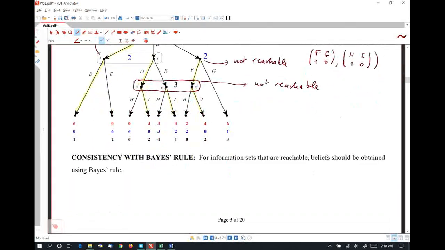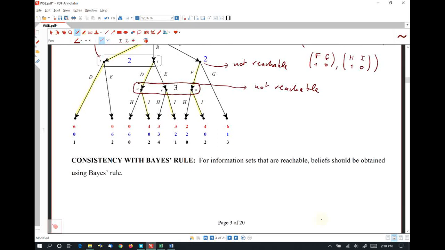Okay, so then the second requirement that we impose is called consistency with Bayes' rule. And this requirement says that for information sets that are reachable, beliefs should be obtained using Bayes' rule. Okay, so it may be that you know what Bayes' rule is, but I will assume that you don't, or at least some of you don't.